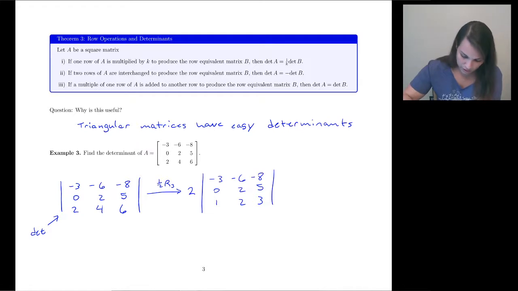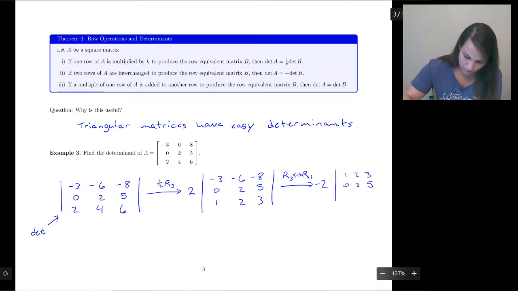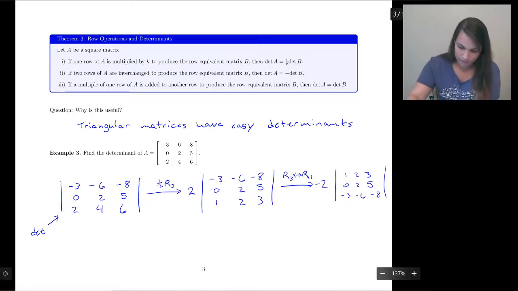And then we're going to do a row switch. So row 3, row 1. And so then carry that 2. And it's got a negative on it now. So 1, 2, 3, 5, 3, 6. And then let's try and get rid of the 3 here.